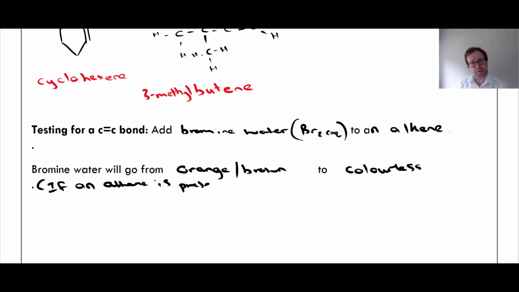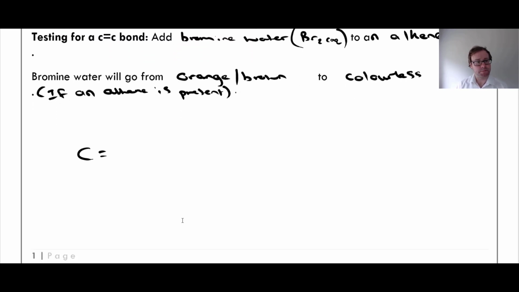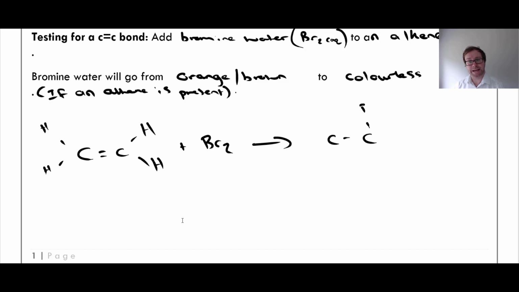And why does this happen? Well, let's do it with a simple reaction. So here I have my ethene, which is colourless. We'll come on to this mechanism in a bit, but really what we're doing is breaking this double bond and adding the 2 bromine atoms to my molecule of ethene.